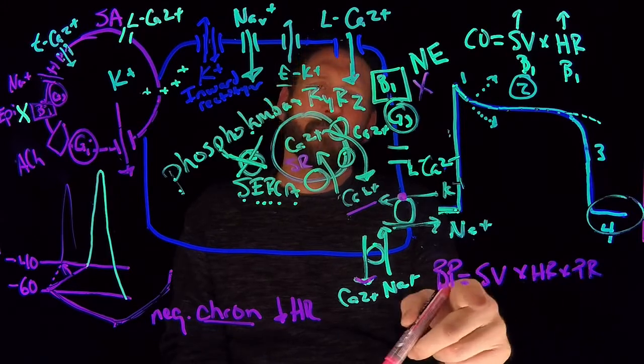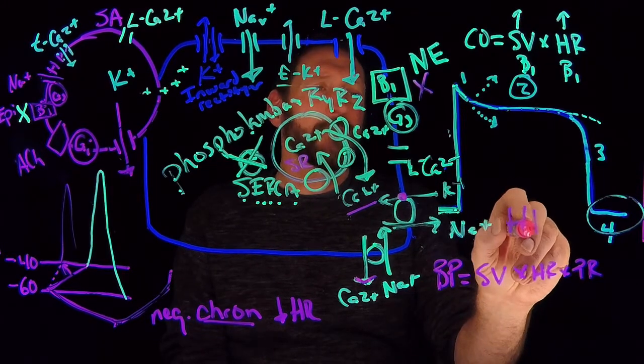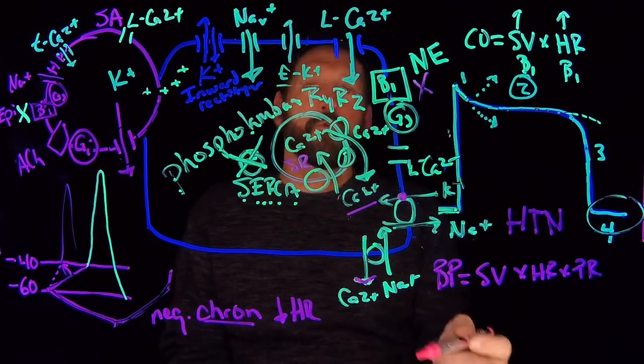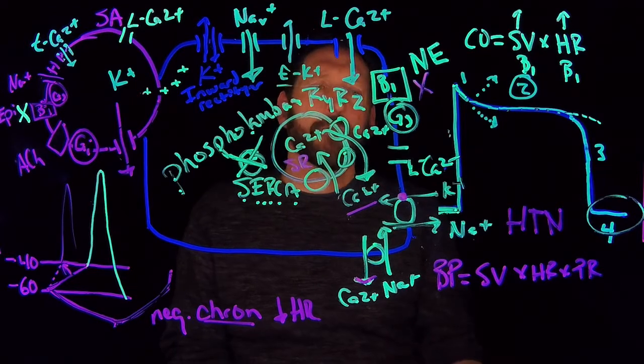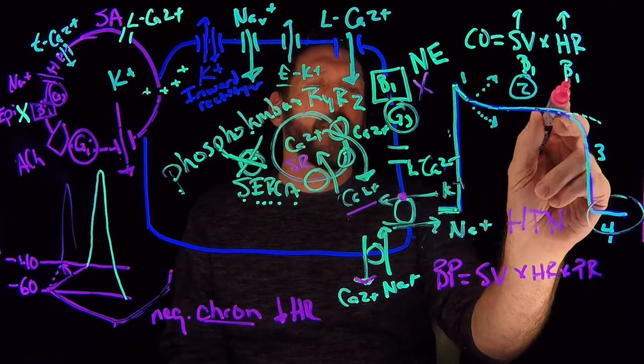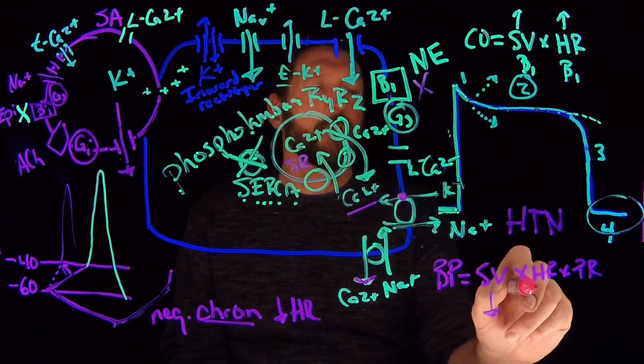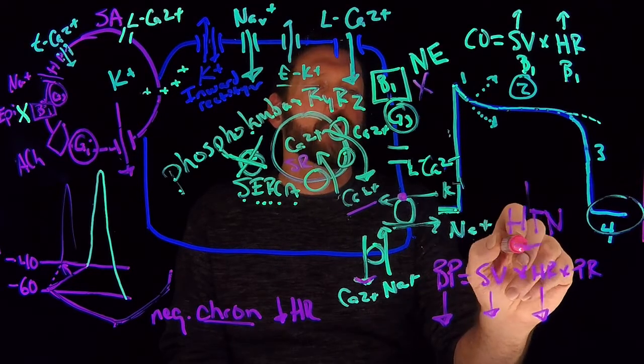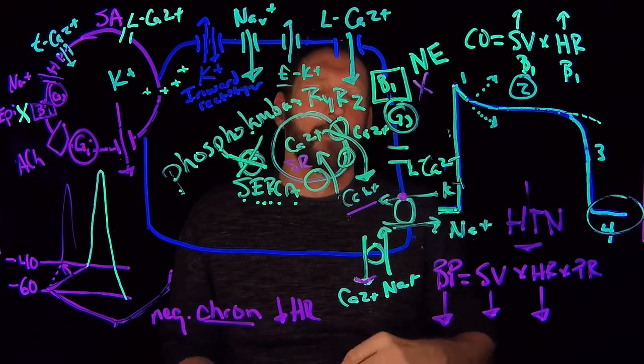Well, if these variables are high, they could have hypertension. If they have hypertension, I want to decrease that. And so my beta blockers, metoprolol, propranolol, labetalol, by blocking these beta-1 receptors, decrease stroke volume, decrease heart rate, decrease blood pressure, and they decrease your hypertensive states. All right, that's it.